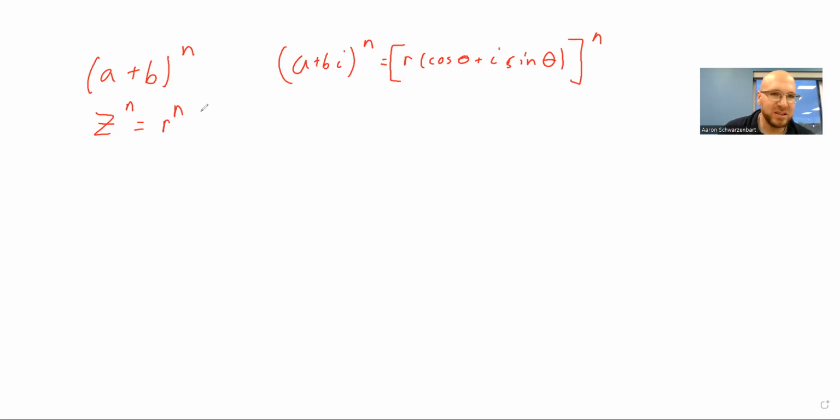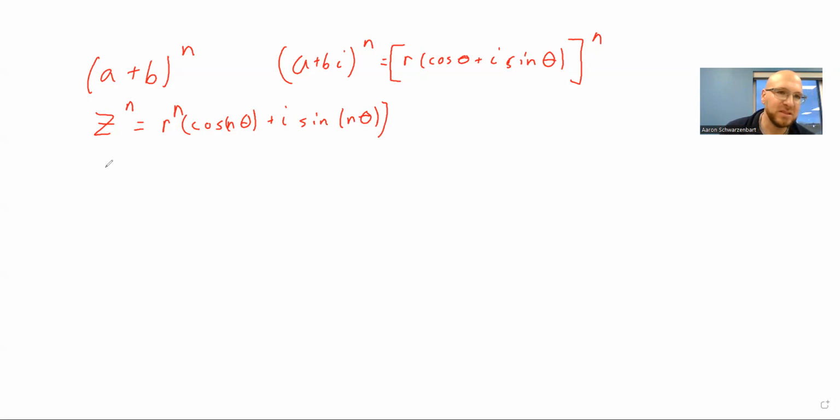And this is r to the n times cosine n theta plus i sine n theta. So I'm taking my radius to the power of n, and then I'm multiplying my angle by n.